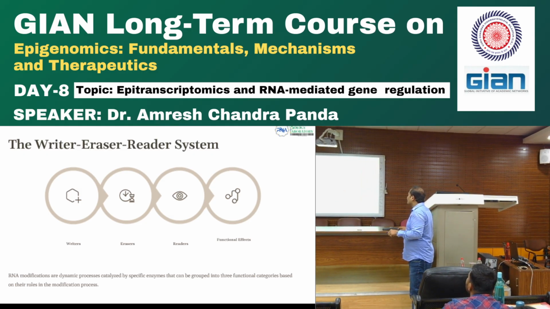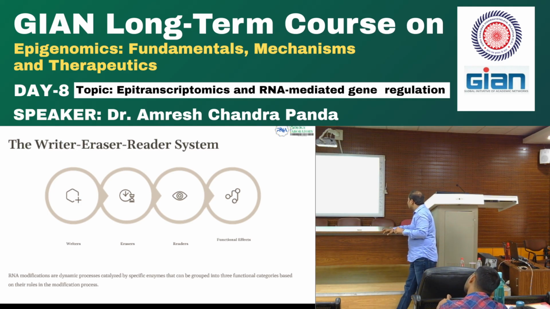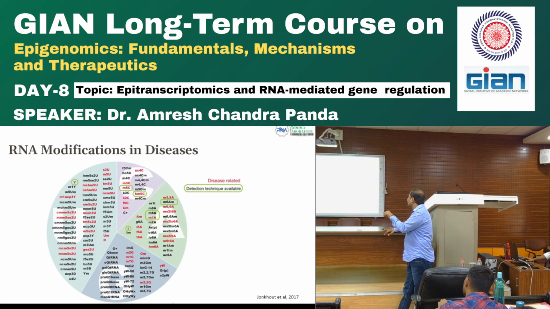So these are the modifications known till date, and you see the red ones, okay, those are disease related, and the ones with a rectangle, those are the ones which can be detected with sequencing.